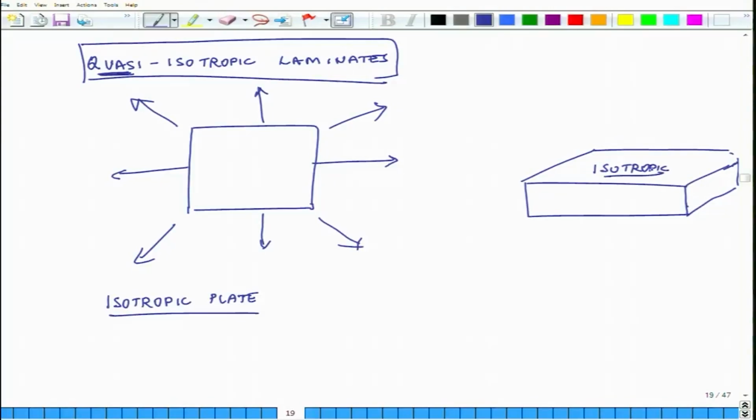You can also generate its A, B and D matrices. If the plate is of uniform thickness and the material is homogeneous throughout the thickness, then because there is same material on top and bottom of the mid plane, B matrix for this thing is going to be 0.